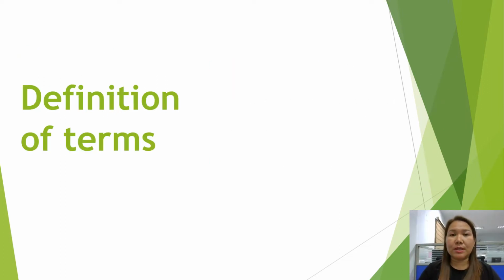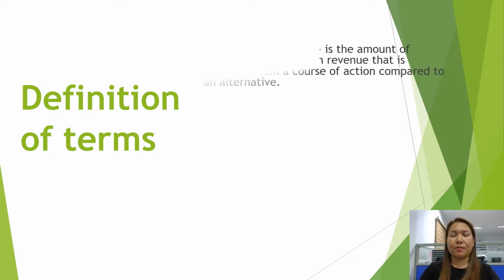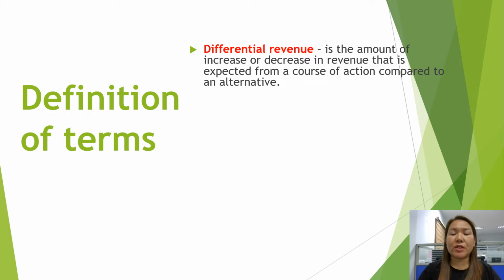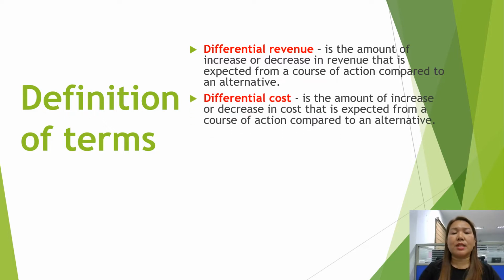What is to be considered in preparing a differential analysis? Differential revenue is the amount of increase or decrease in revenue that is expected from a course of action compared to an alternative. Differential cost is the amount of increase or decrease in cost that is expected from a course of action compared to an alternative.